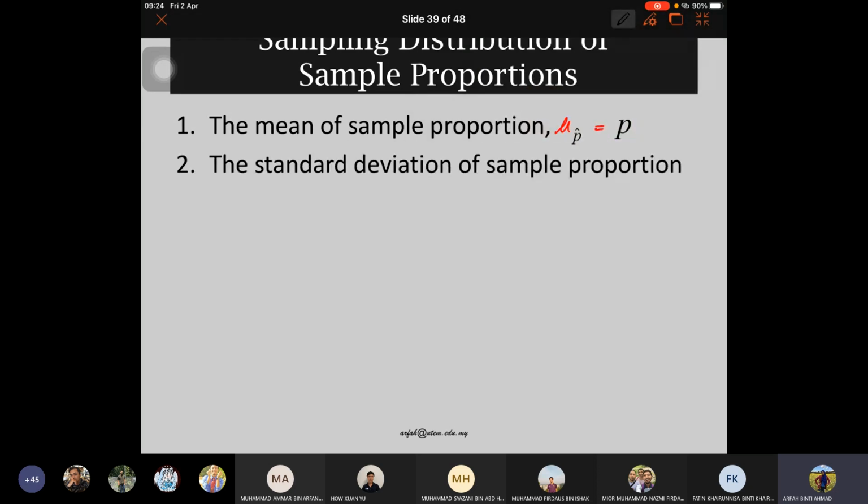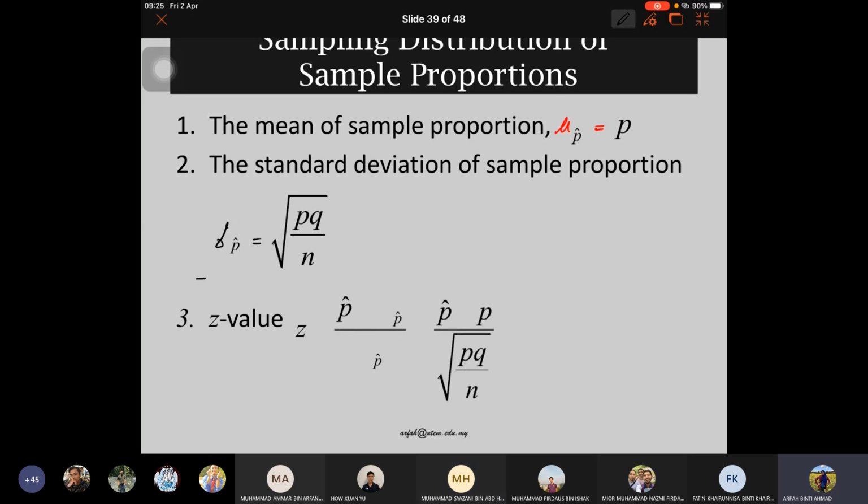And the standard deviation of the sample proportion, sigma p hat, equals the square root of pq divided by n. And also the transformation: z equals p hat, the sample proportion, minus the mean proportion, divided by sigma p hat, equal to p hat minus the population proportion divided by the square root of pq over n.